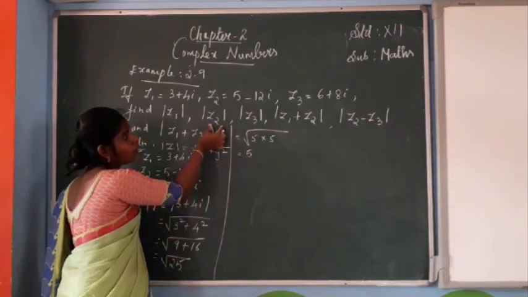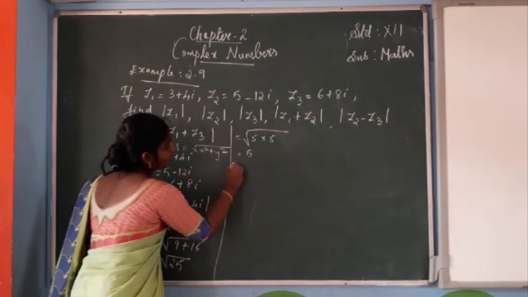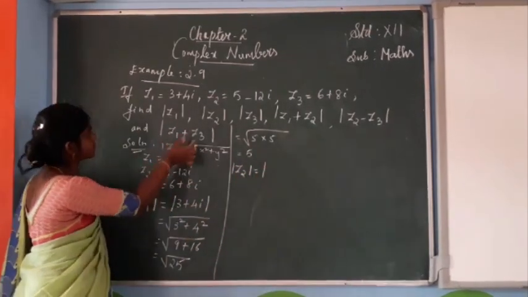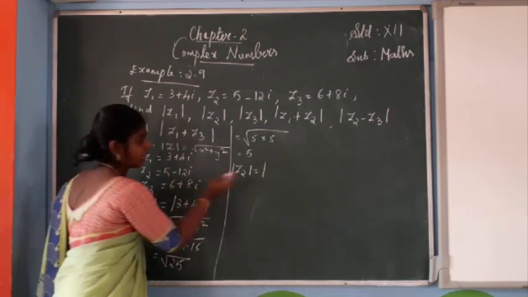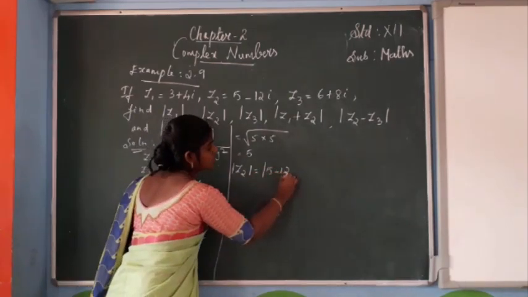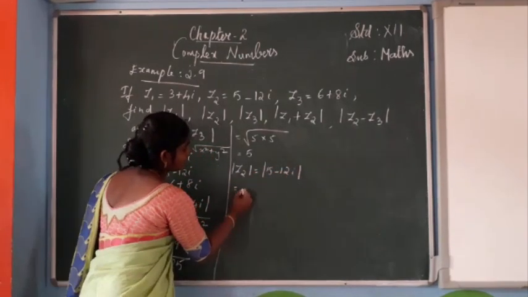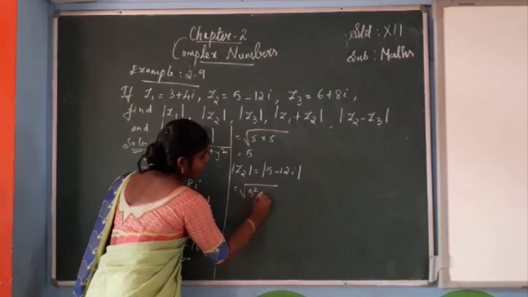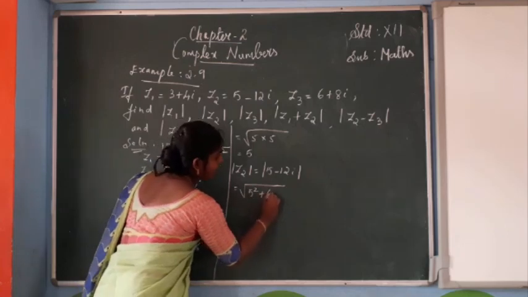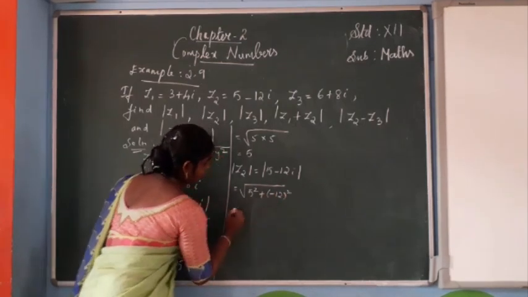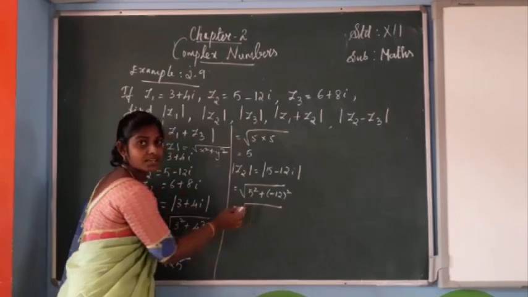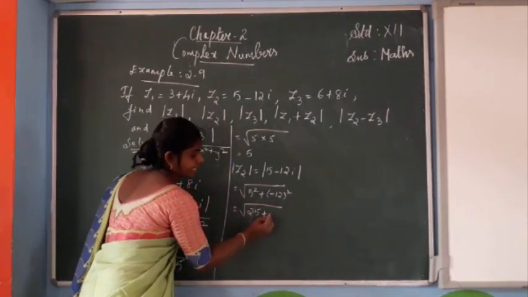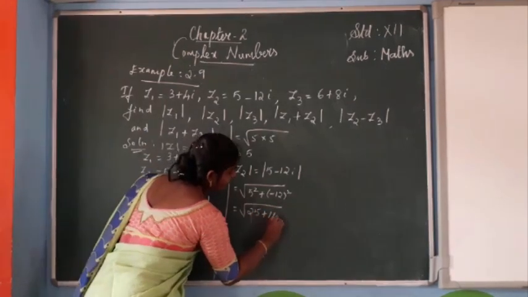Next we can find modulus z2. Modulus z2 is equal to modulus of 5 minus 12i, equal to root of 5 square plus minus 12 square, equal to root of 5 square value 25 plus minus 12 square which is 144.